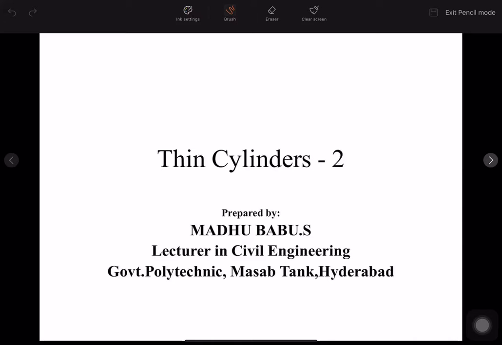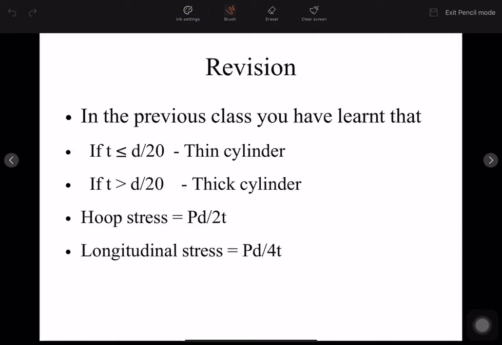Today we'll be discussing the second part of the thin cylinders topic, which is a part of theory of structures. So what we have learned in the previous class, we'll revise that.